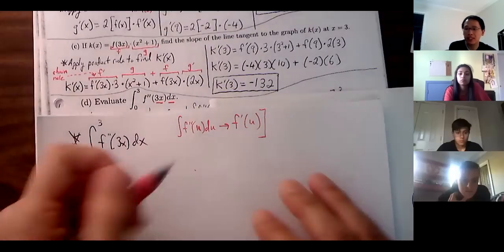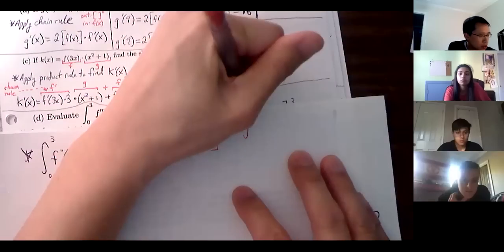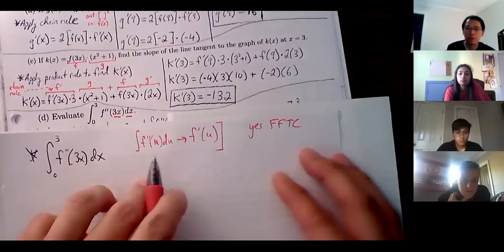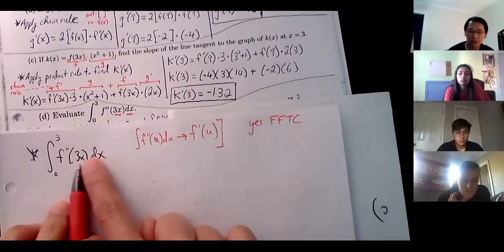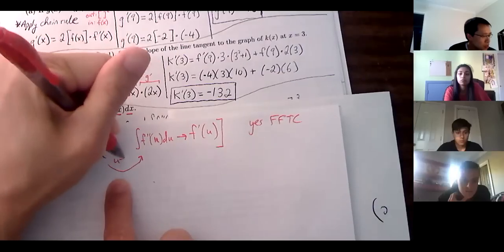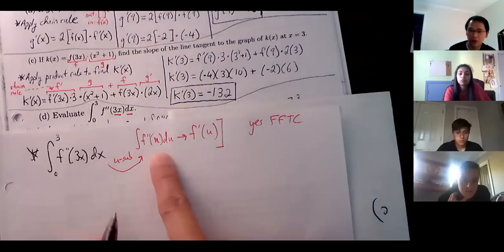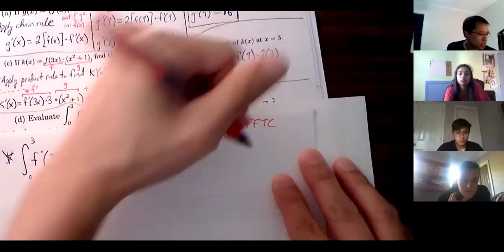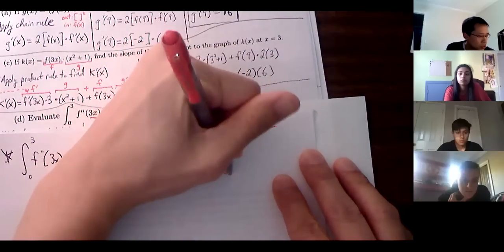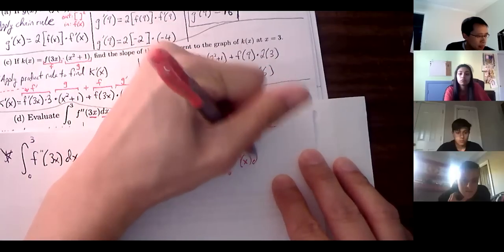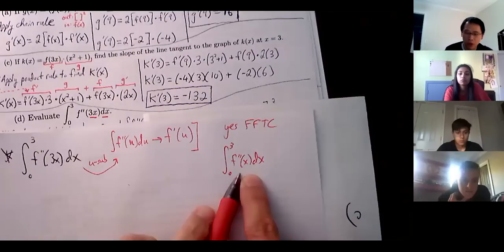Okay, so the question is, can we use first fundamental theorem of calculus? And the answer is yes, okay? We're going to use first fundamental theorem of calculus, but before we get there, we got to resolve this 3x, okay? We got to go through use substitution before we can do first theorem of calculus, all right? Now, if this problem was just 0 to 3 of f double prime of x, then yes, that would jump directly into the first theorem.